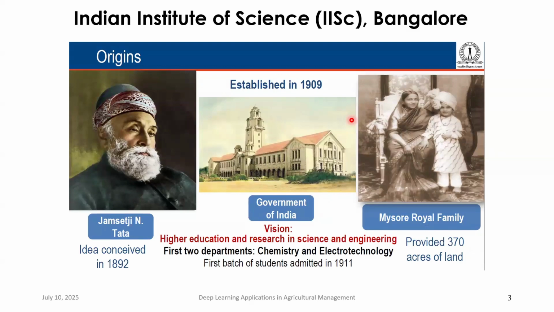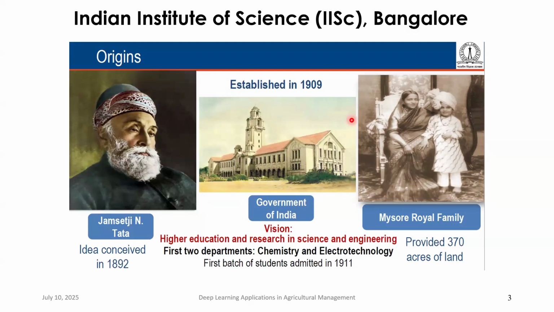It was established in 1909 by one famous industrialist as well as a philanthropist, J.N. Tata. You might have heard his name. Tata was a very pioneering industrialist in India, and he conceived this idea of establishing a higher education and research institute in science and engineering.